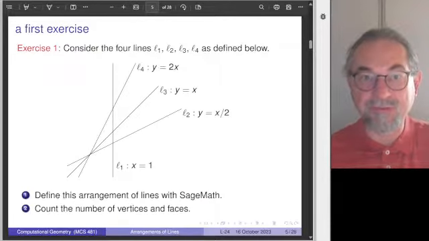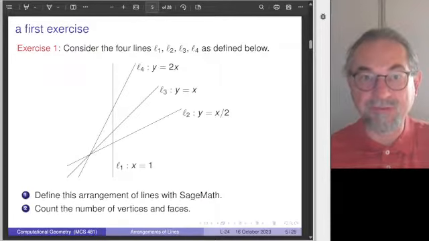We have the edges. In the subdivision, a line actually gets subdivided. If the lines are general, n lines will be cut n minus 1 times. That's already a hint on how you can get to the general formula for the number of edges, if you want to run ahead. We have faces.